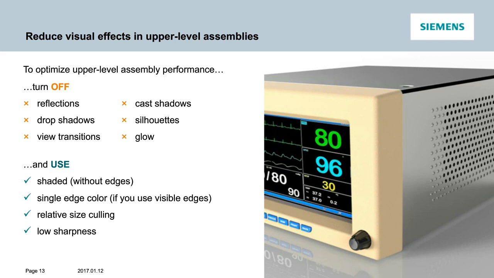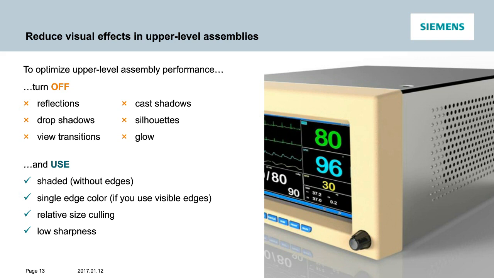But working with visual effects on a day-to-day basis within your CAD model is very costly. And if you're working with large data sets that we're considering today, it's extra costly.